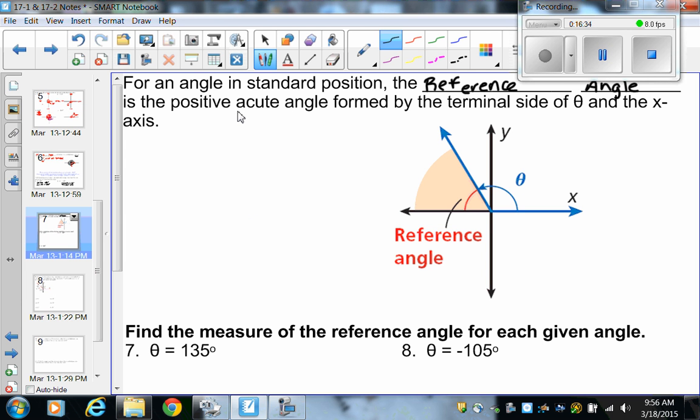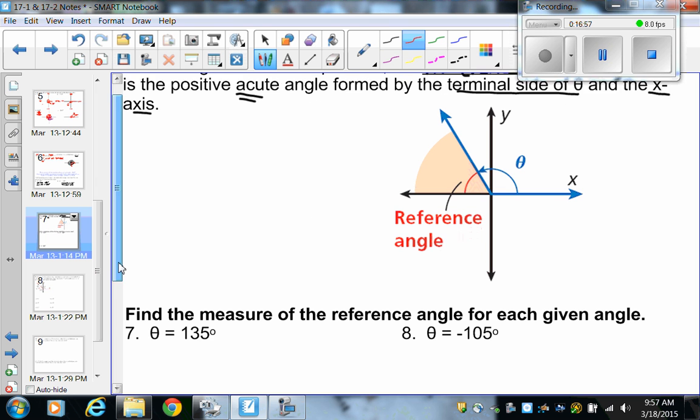So the key word here is that it has to be an acute angle. So if we look here, if this one is theta, this is not an acute angle, which means we would need to use this angle over here as our reference angle, because it also takes us back to the x-axis. That's the other key word, that it's with the terminal side of theta and the x-axis.